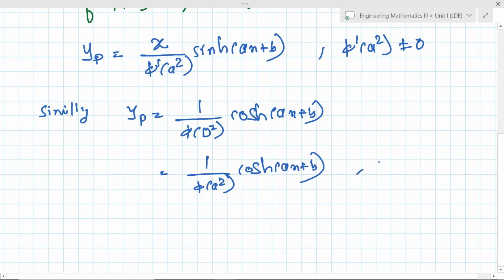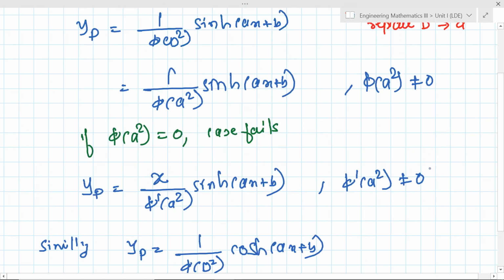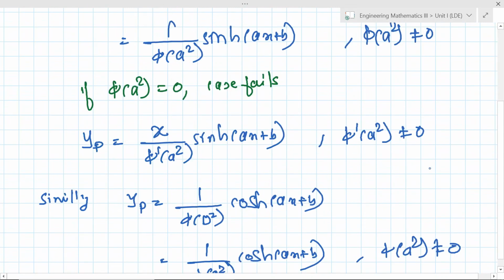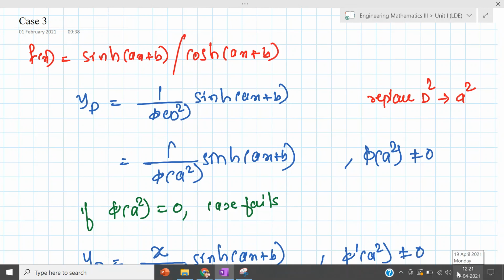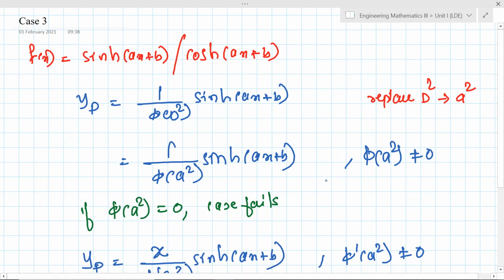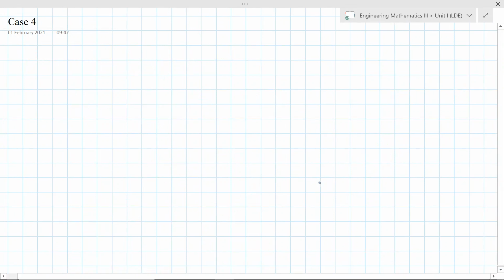A similar case applies, provided that phi of a square is not equal to 0. If it is 0, case fails, and you need to multiply by x and so on. I'm not explaining the example for this case because it is the same as before. Hope you have got this. Is there any doubt? Okay, fine. So let us move to the next case.